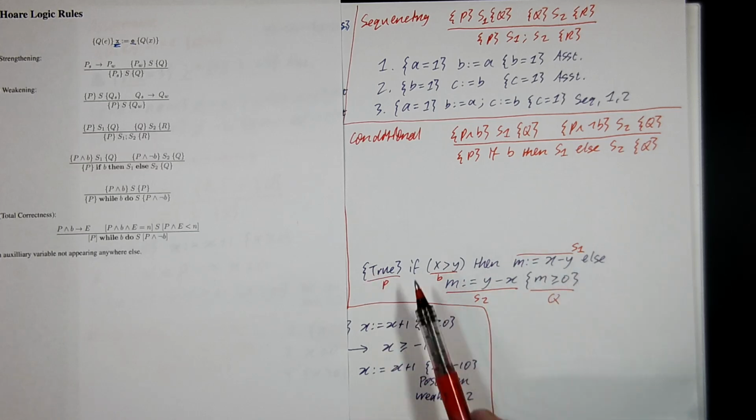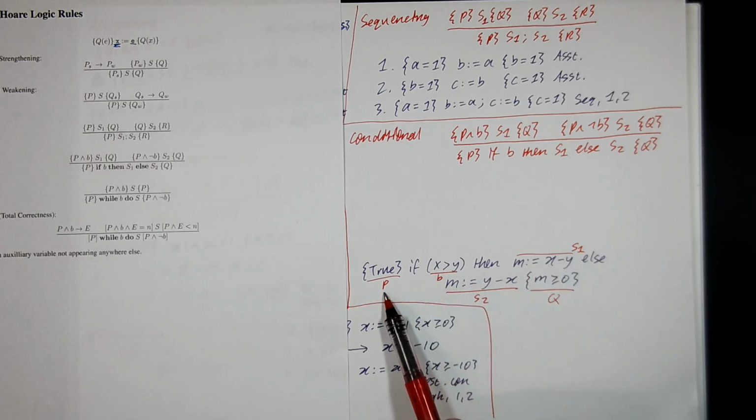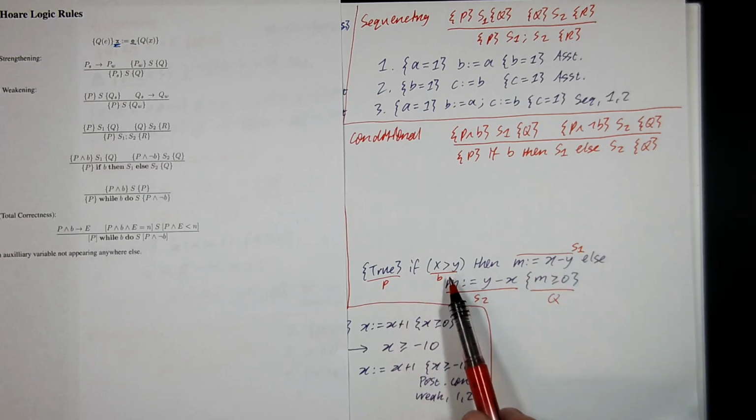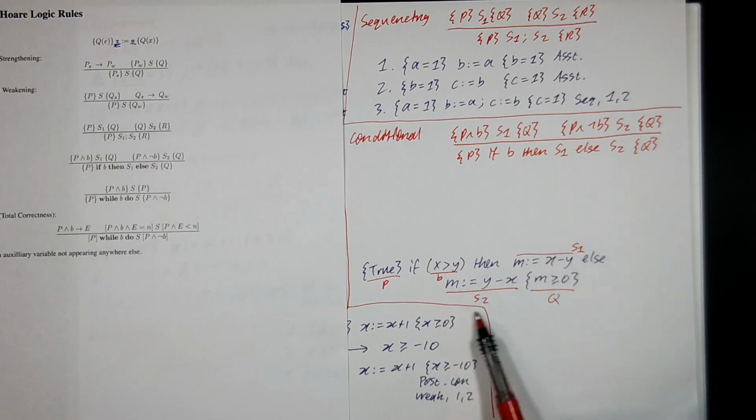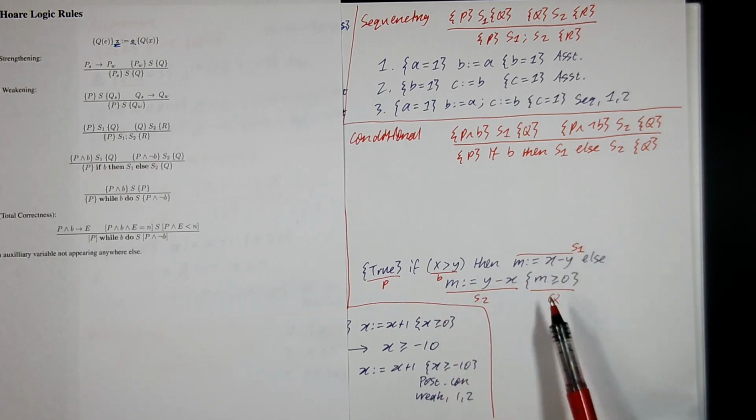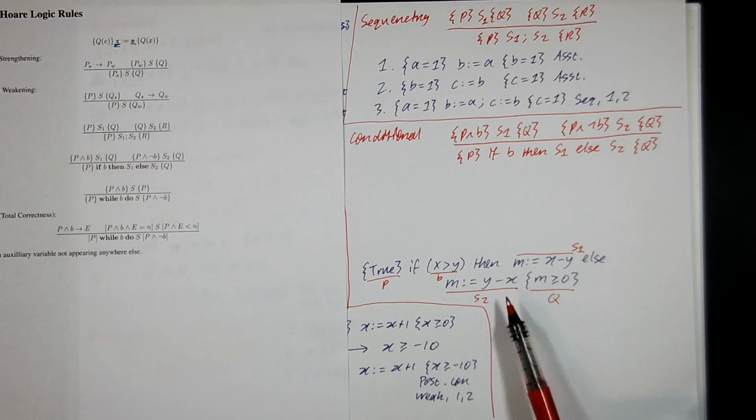So if we wanted to prove this, we have to prove two things. I've highlighted each of the terms: the precondition P, the condition B, the first bit of code S1, the second bit of code S2, and the postcondition Q. So what are the two things I have to prove this statement?